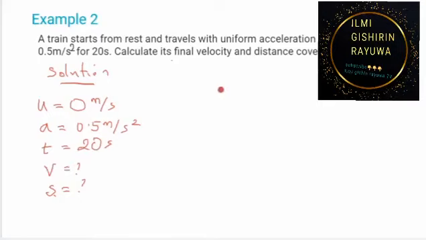Which of the equations have U, A, T, and V? So we can substitute these values that we know and find the value we don't know. If you check the equation critically, the equation that has the 4 parameters is the second one, V equals U plus AT.